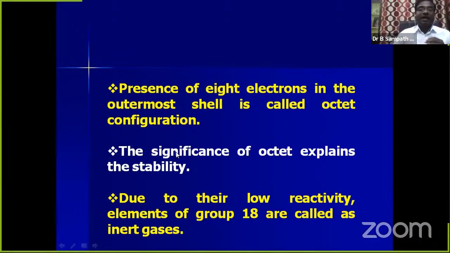When they have the octet configuration, they are stable. They won't lose, gain or share electrons with other elements. That's why they are inert in nature. Due to their low reactivity, elements of group 18 are called inert gases.